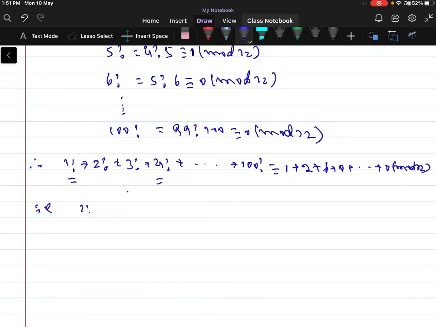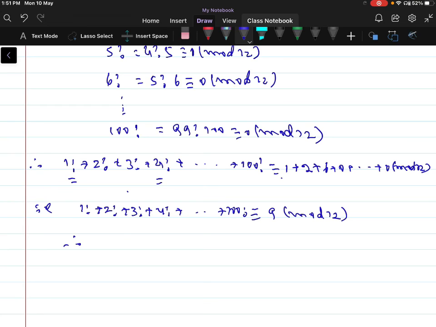That is, 1 factorial plus 2 factorial plus 3 factorial plus 4 factorial and so on plus 100 factorial is congruent to 1 plus 2 plus 6, which is nothing but 9, modulo 12.